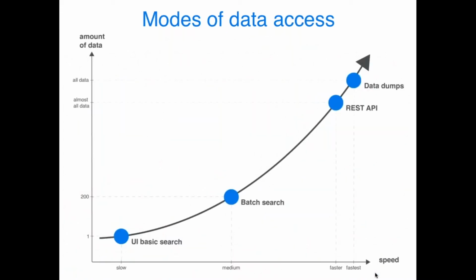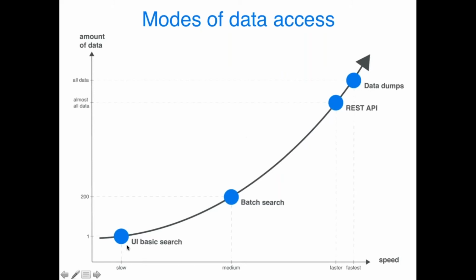Before I focus on the REST API, I just want to highlight that neither the graphical user interface nor the REST API are the only ways of accessing our data. We've also got the batch search and the data dumps. This pretty much depends on how much data you want to get out of Open Targets.